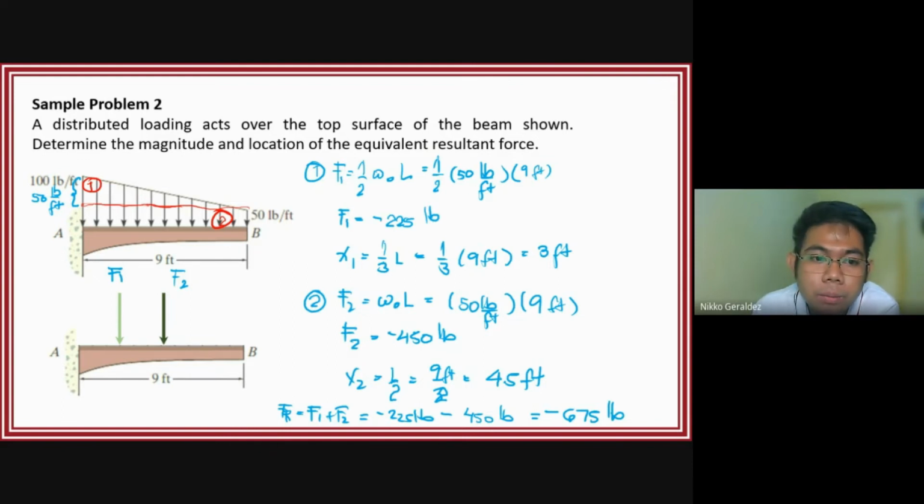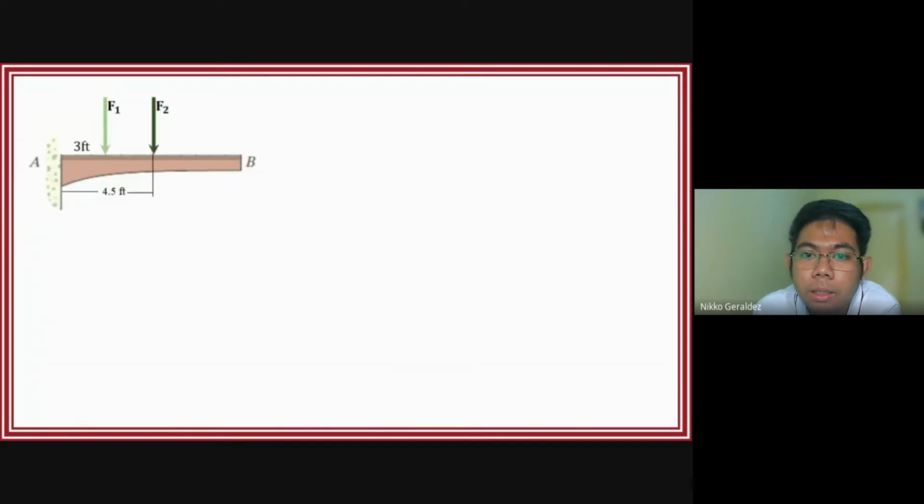Where is the resultant force on the beam, measured from point A? To solve for the position of the resultant force, we will use Varignon's theorem. Fr times D is equal to the summation of moments.